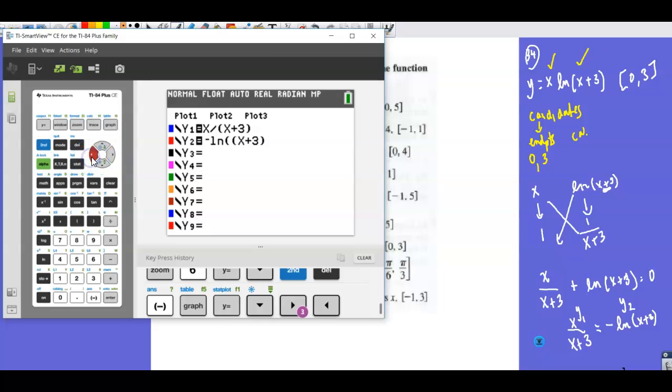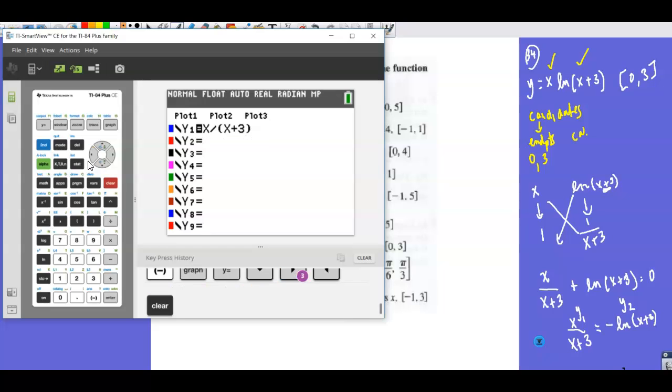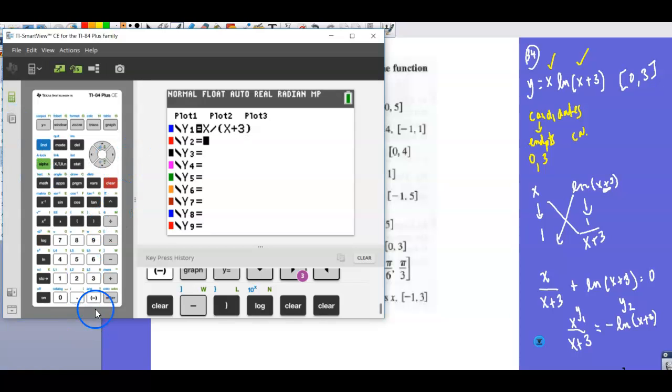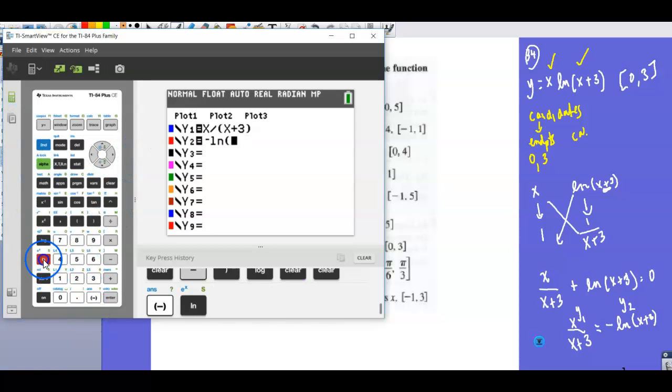Negative ln of x plus 3. There we go. All right, so those are our two functions.